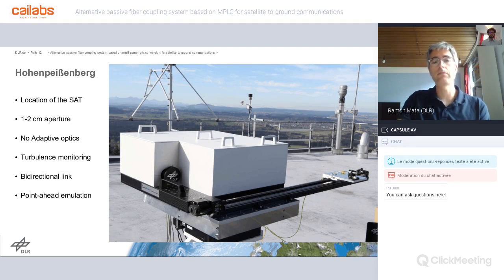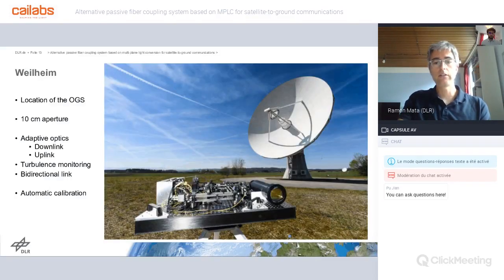For this experiment, we use the transmitter since we were analyzing the fiber coupling, and on the other side we had the terminal emulating the ground station at the Weilheim location. In that case, we had adaptive optics and also turbulence monitoring. We also had a bidirectional link, so we had uplink and downlink active. We use the downlink to track and to point towards the uplink.